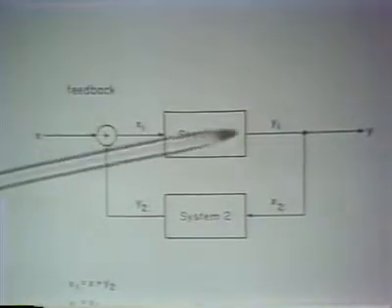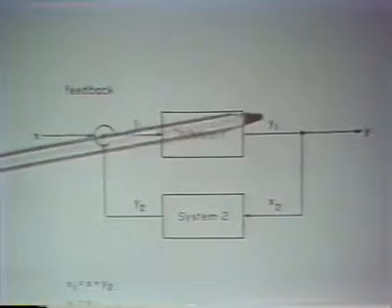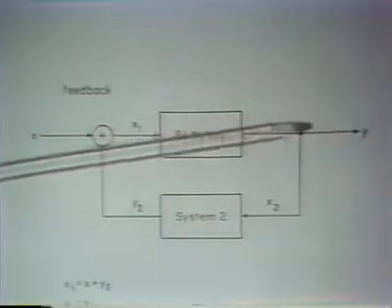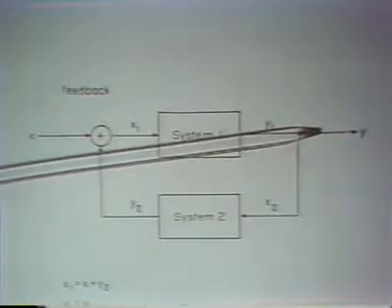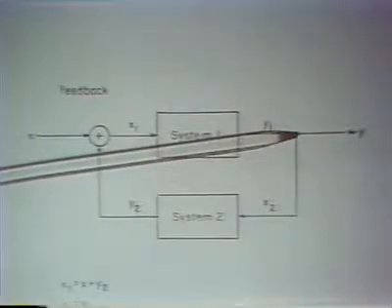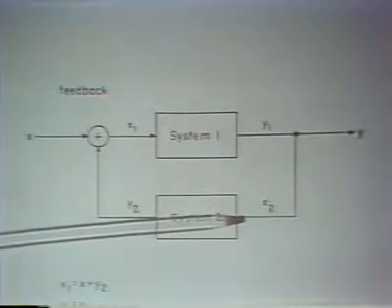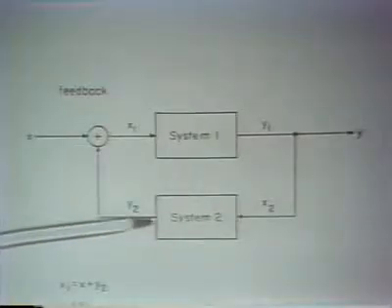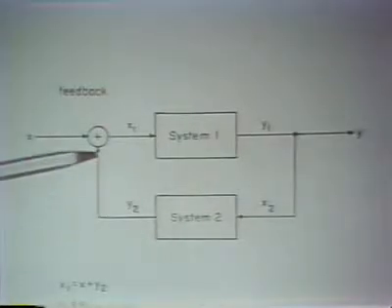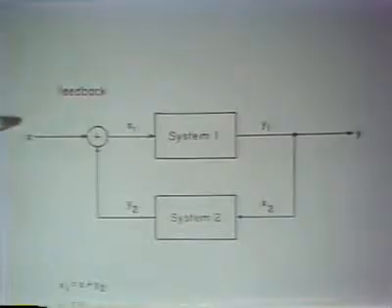What a feedback interconnection means is that we have one system, system 1, with an input and an output. The output of system 1 is the output of the overall system, and that output is fed into system 2. The output of system 2 is then added to the input to the overall system.